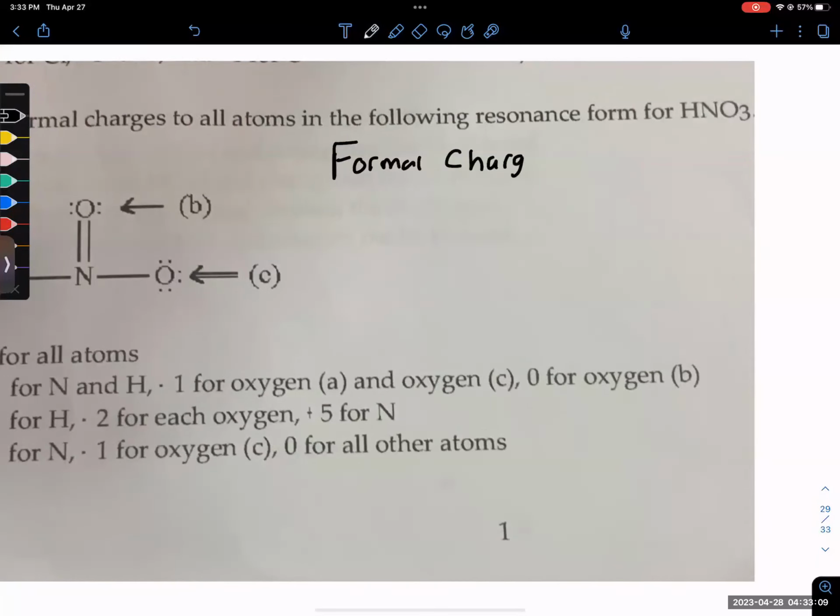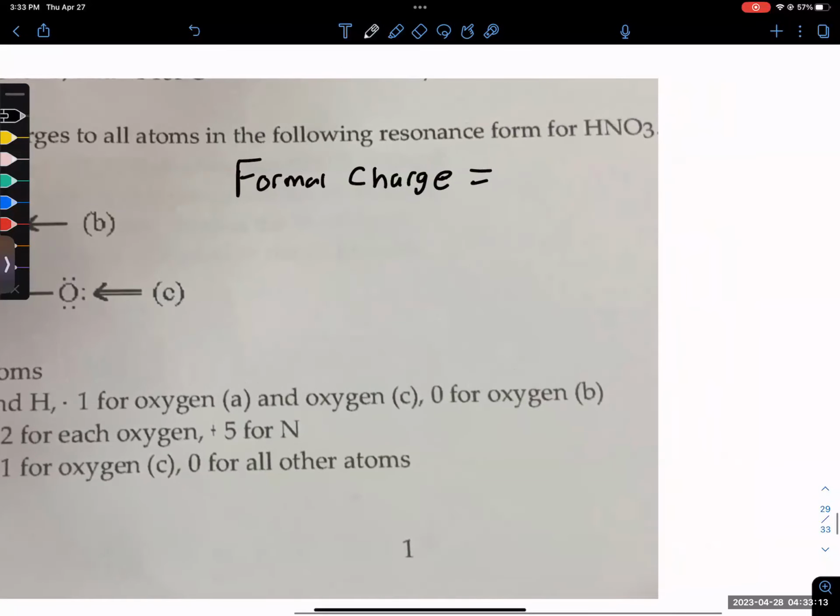You start with the valence electrons that the atom typically has. This is found on the periodic table. For example, oxygen would have how many valence electrons? Six, because it's in group 6.